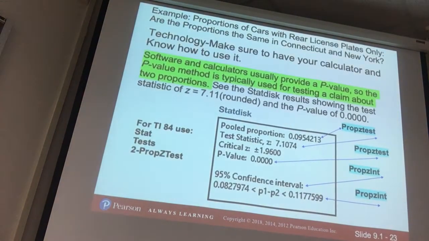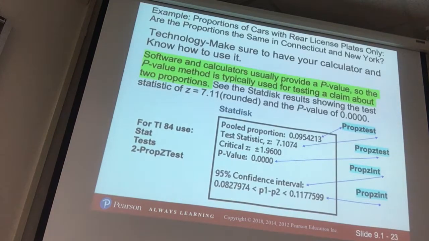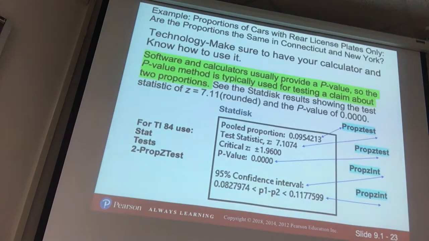The cool thing is that once you set up your hypothesis test, your confidence interval is set up for you by the calculator. You don't have to set it up twice because your calculator figures you're using the same data for both, since they're so interconnected. So that's pretty cool.